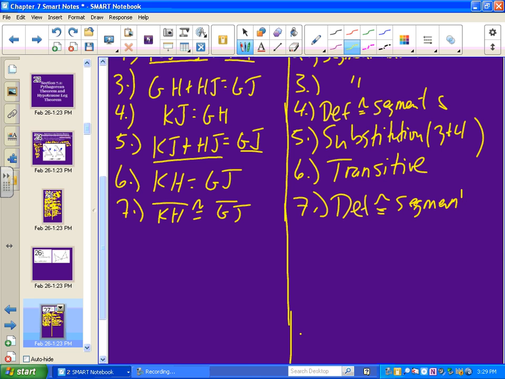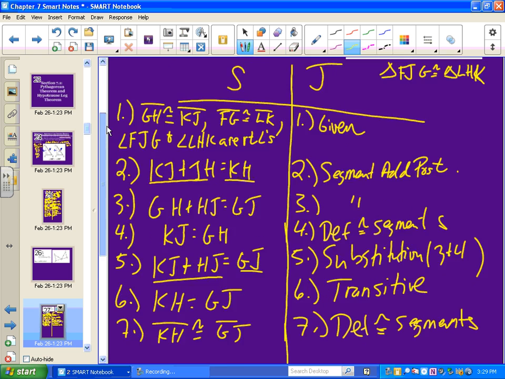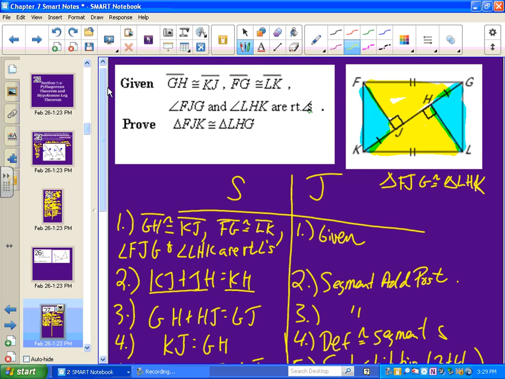Hopefully, as I'm going through this, you're all seeing where this is going. So we now have JG from here to here congruent to KH from here to here. So if I look at the two yellow triangles, we now have them congruent by hypotenuse leg.